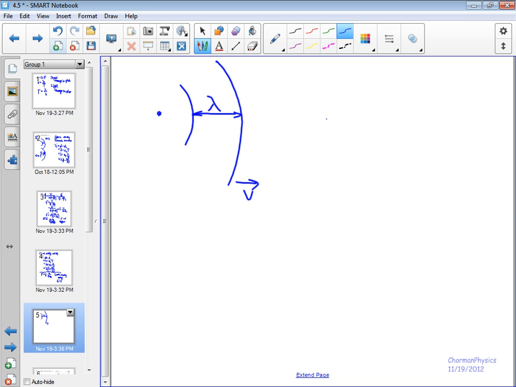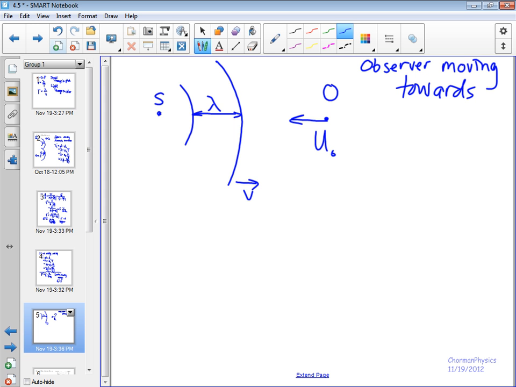These wavefronts are moving forward with speed v. And what we have now is our observer over here. This is our observer, this is our source. We're going to say the observer is moving towards, at speed u sub o.